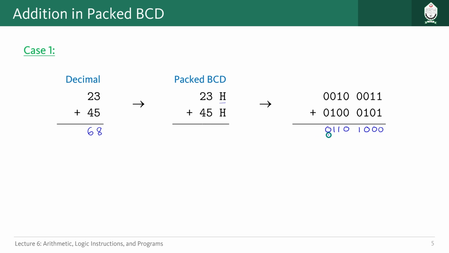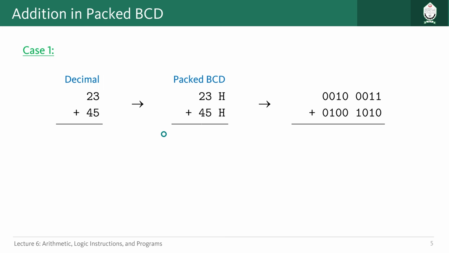This should be the result. So here this is actually 6 and this value is actually 8. So we can say this result is actually 68h, right? So the packed BCD representation is showing the same result as the decimal, so there is no issue here. This is what we want. Both of the values should match here.